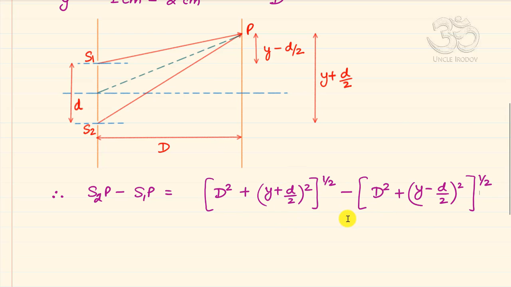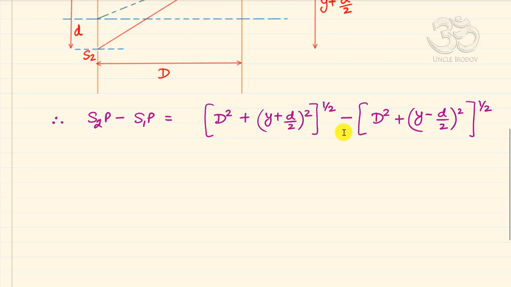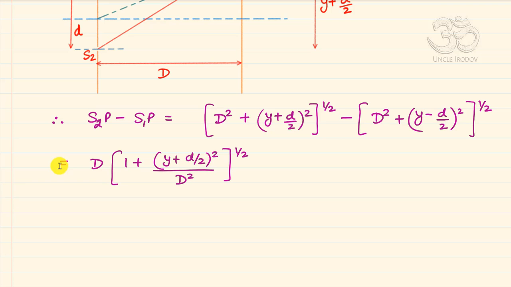And how do I simplify this entire expression? What I will do is, I will first of all take big D out of both of these brackets and then apply binomial theorem. So all this will become equal to big D times 1 plus y plus d by 2 whole square divided by D square, and all that is raised to the power half, minus D times 1 plus y minus d by 2 whole square divided by capital D square, whole power half.